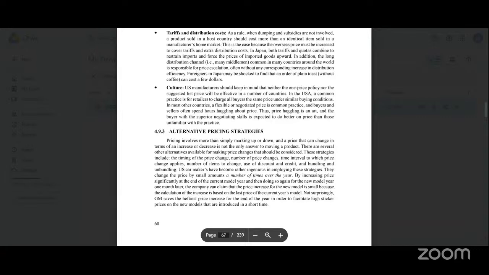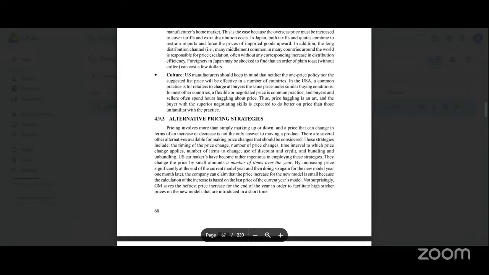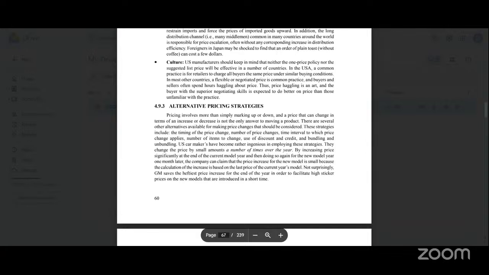Whereas if a company were to sell directly, they may have lesser costs because they are not involving many middle agents. So culture is also important. If we were to consider a practice that is common in the USA, for example, they charge all buyers the same price under similar buying conditions. So it becomes a lot easier to ensure that the prices are standardized.